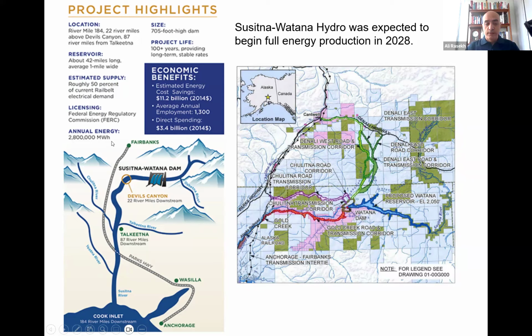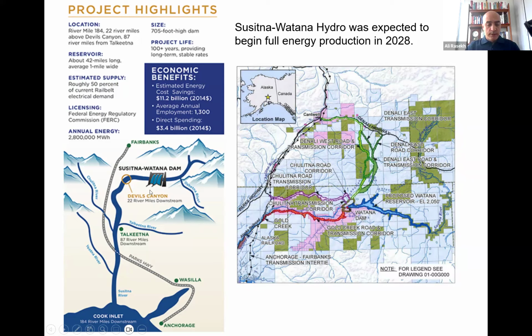That was the top reason to build this dam, so that it should be a source of green energy for the state of Alaska. I don't think they needed water in the vicinity, or maybe a little bit of water as well, but this was mostly for producing electric energy.